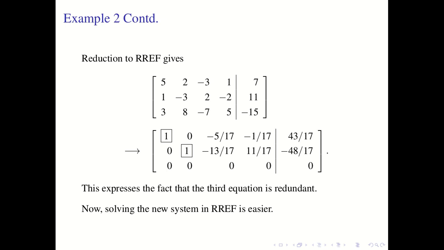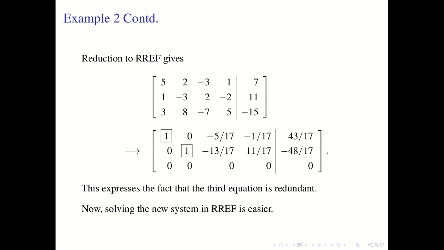The row reduced echelon form is given by applying a set of operations. We get the last row 0. So in this case, the number of pivots in A as well as in A augmented with b are both 2.